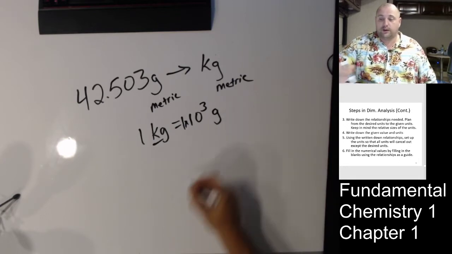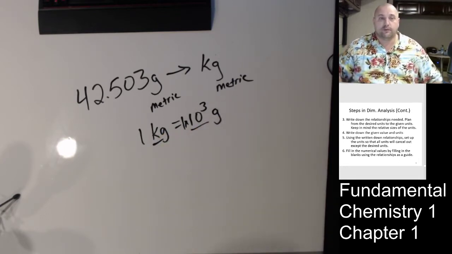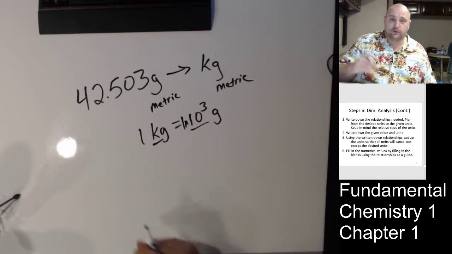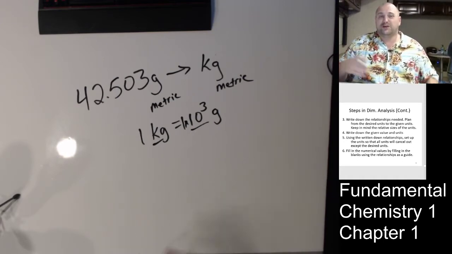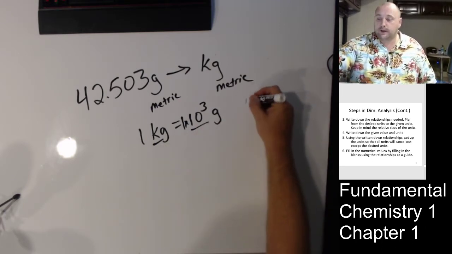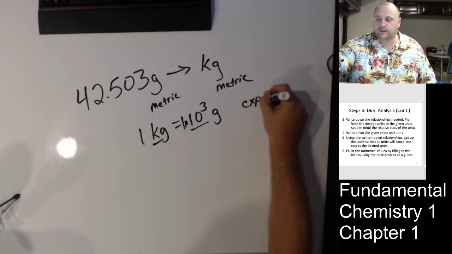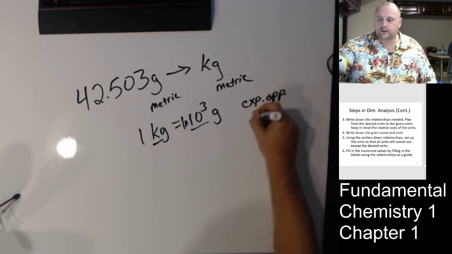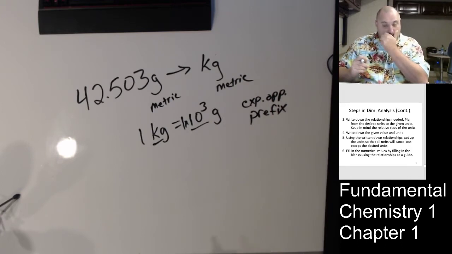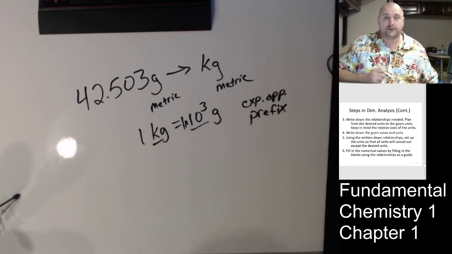The g just got carried over. This 10 to the third came from that K. I'm substituting in for it. This is a direct substitution method. Once it clicks, you'll never have a problem with it. Always keep in mind the exponent goes opposite the prefix.